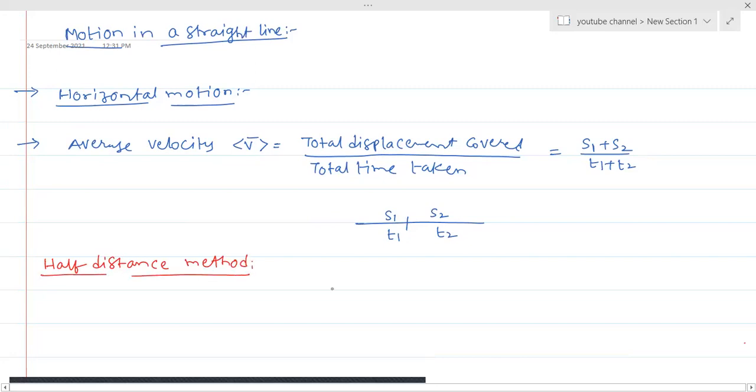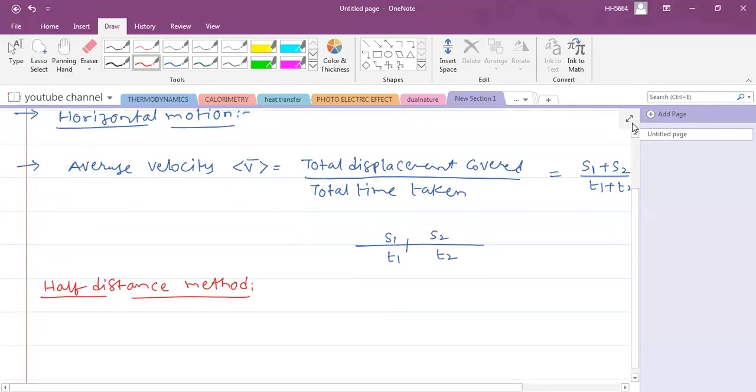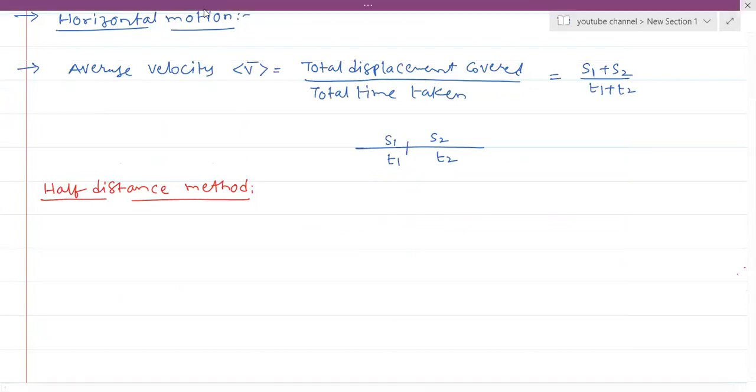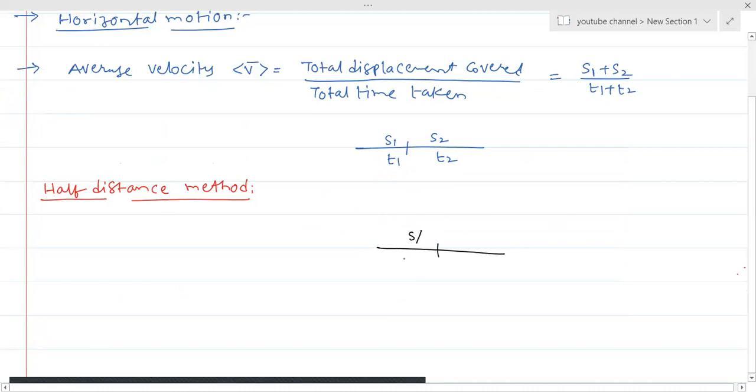Half distance method means the body travels half of the distance with speed v1 and the remaining half with speed v2. For example, half of the distance it covers with a speed v1 and the remaining half with a speed v2.